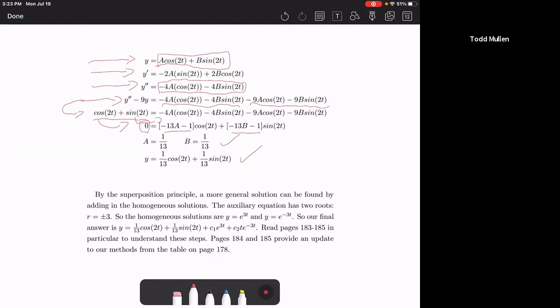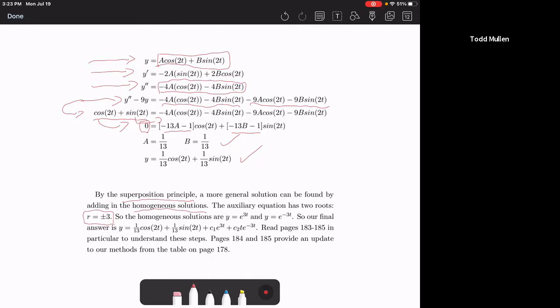And in the past, we may have been satisfied that that is our solution, but by the superposition principle, we can get a more general solution, and that's by adding in the homogeneous solutions. So the auxiliary equation, if you recall, had two roots, plus or minus 3.